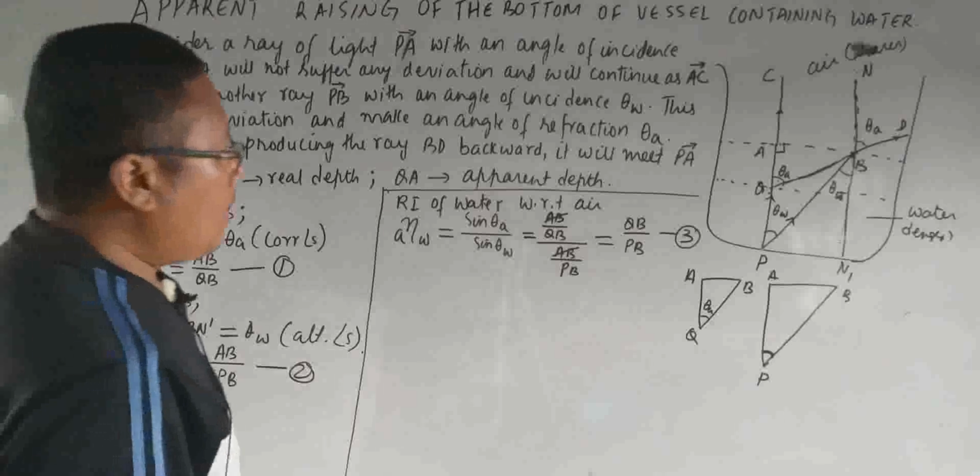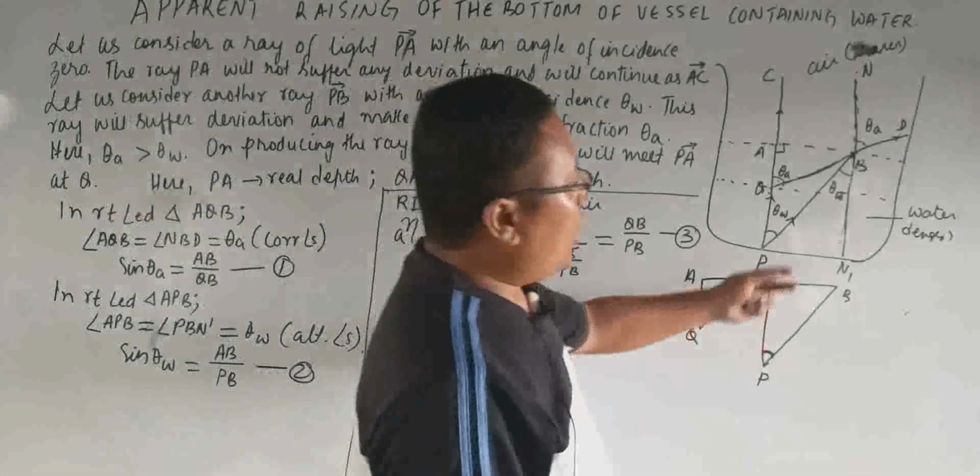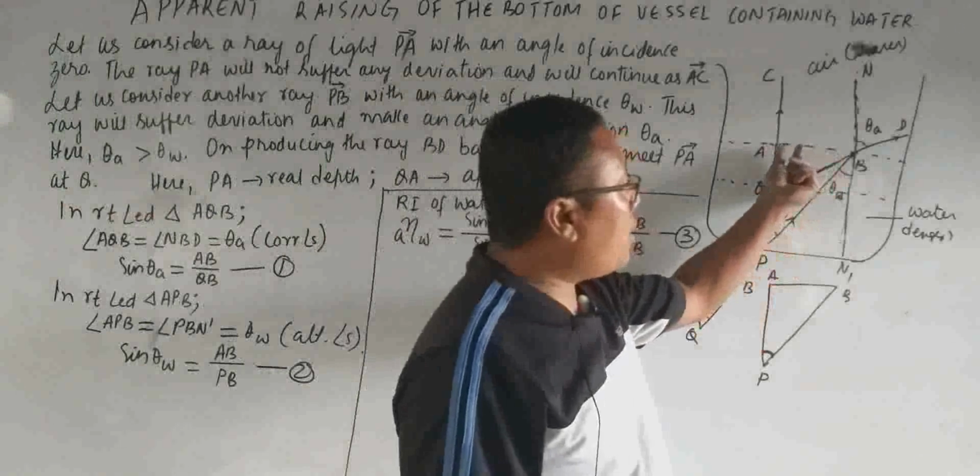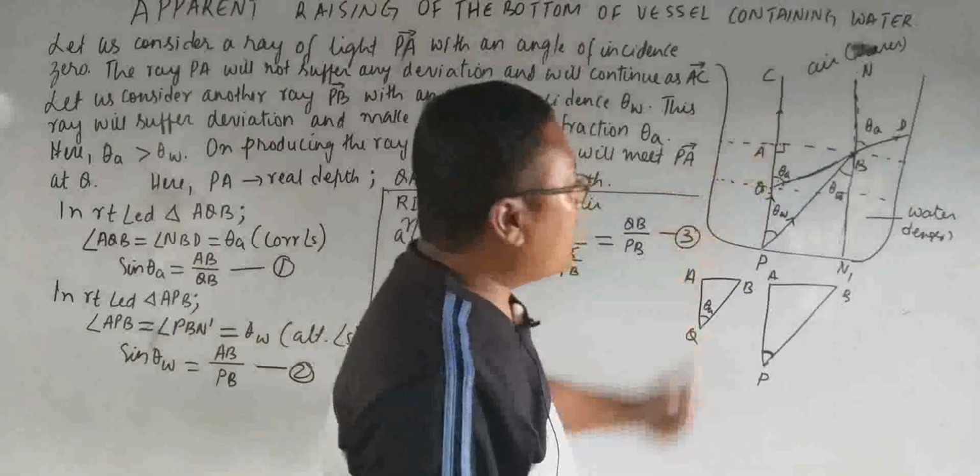So now, if you assume A and B come closer and closer, or at one point, if they coincide.